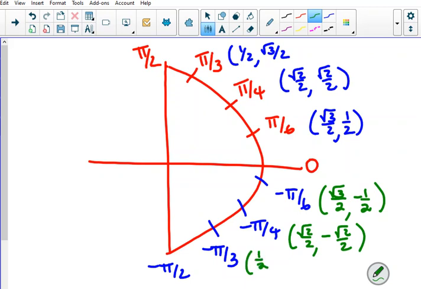This will be a half, negative square root of 3 over 2. This is 0, 1. This is 0, negative 1.